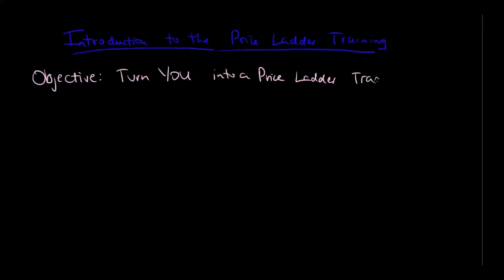Obviously that encompasses everything, from learning how price action works, to learning how order flow works, to building the foundations, and then going through the motions and into the structures in order to trade certain setups. So effectively, that is how we're going to create and build your skills in order to become a price ladder trader.